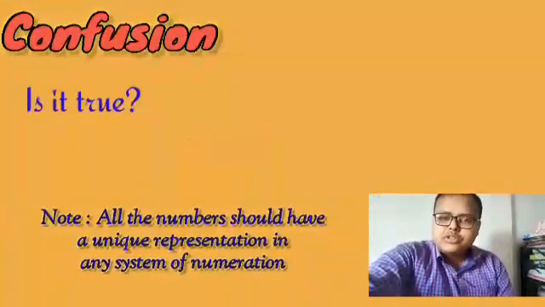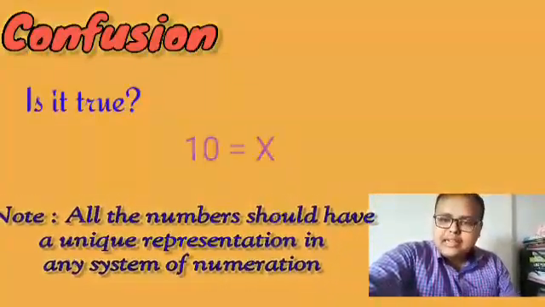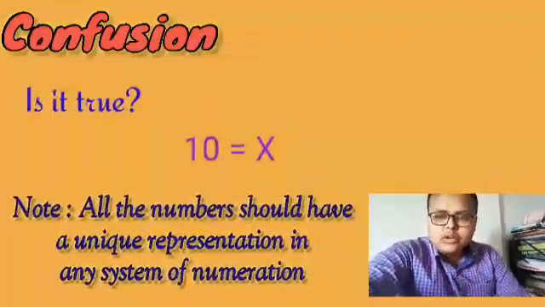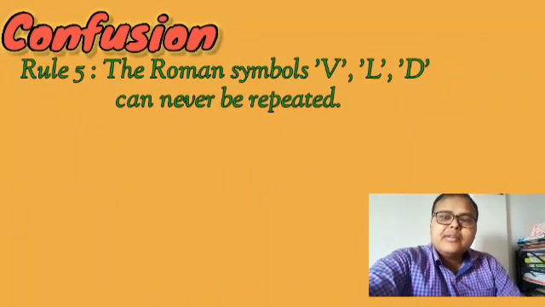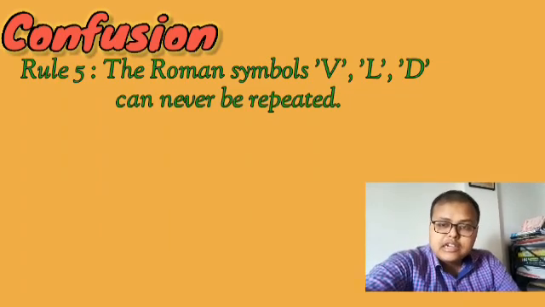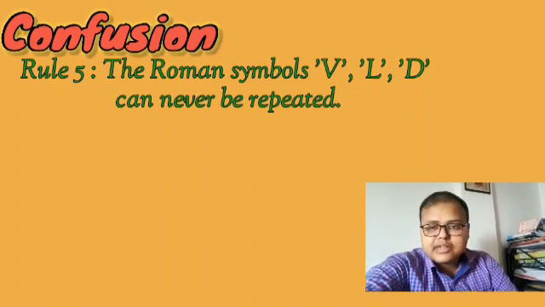Any number should be expressed uniquely in any system of numeration. So there is a rule that V, L, D can never be repeated. So we cannot repeat V twice to represent 10. We have to write X for 10.